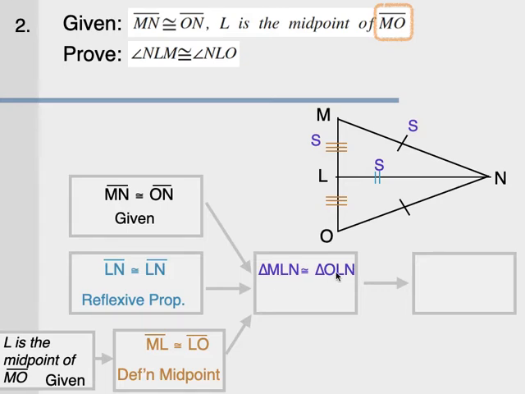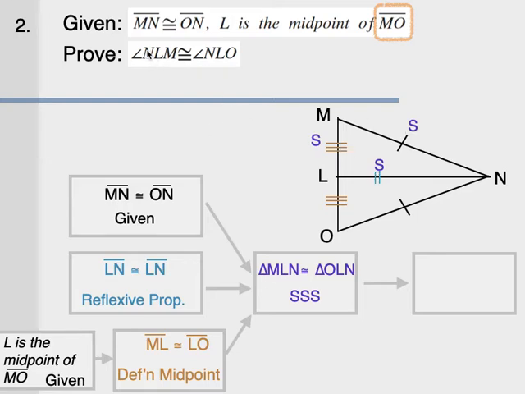Just make sure that the order of letters in your second triangle name matches the order of the first. Like if you chose MLN, because you started with M, you'd have to start with its matching corner O, LN, for the second name. And then your reason would be SSS because you've got 3 pairs of matching sides in each triangle.